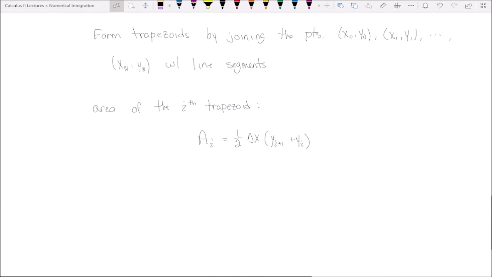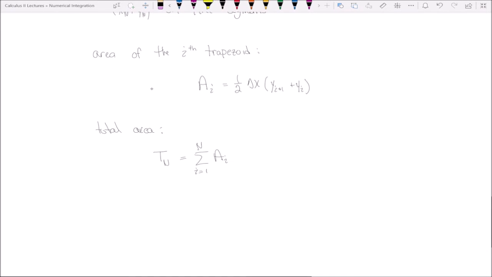Well, then the total area would be the sum of all these areas. We call this T sub n. That would be the sum of all the A sub i's. Well, if we take a look, what we get is this. Let's do this on the next line.